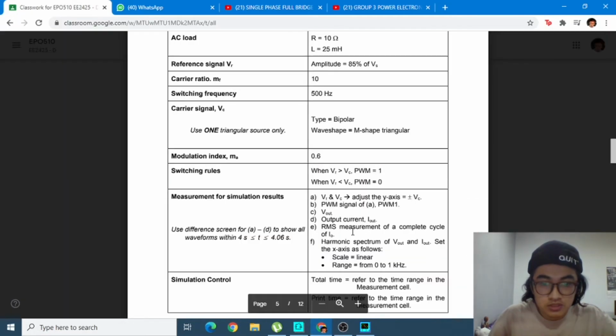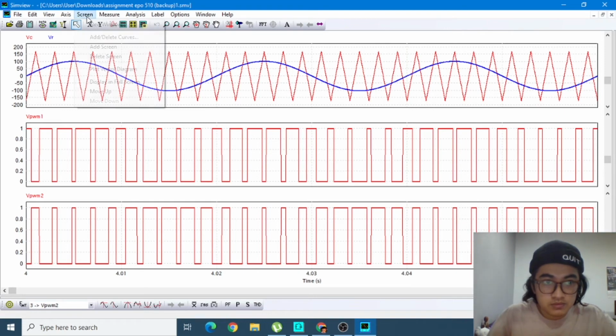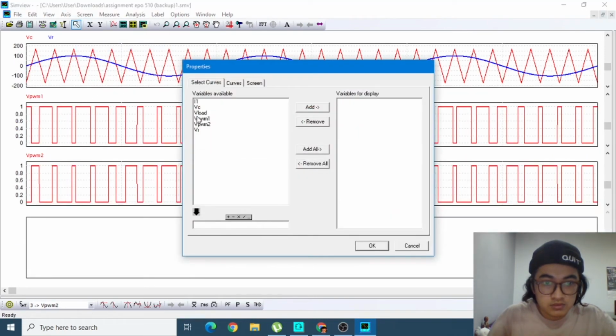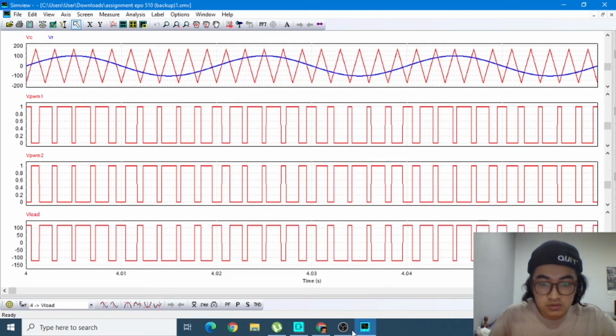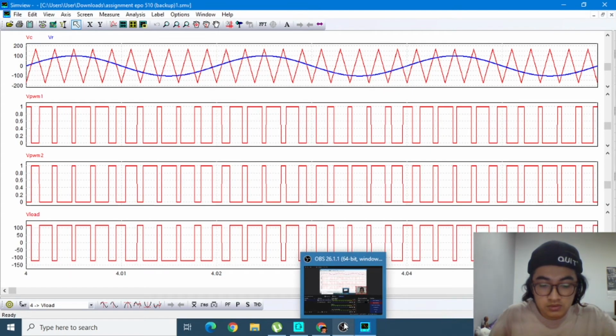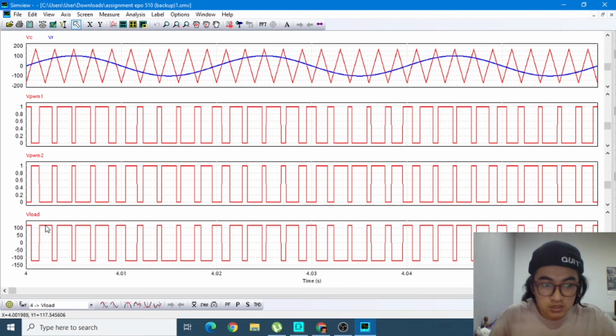And for question C, we want to see V out. So this is the V out output.